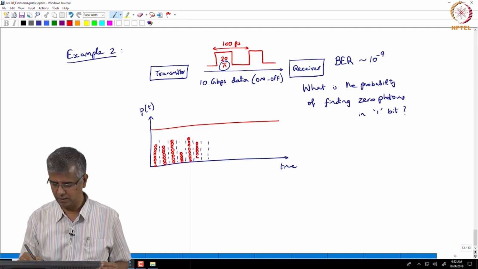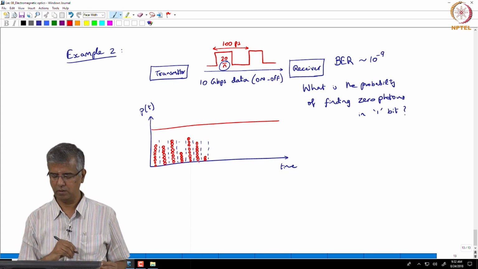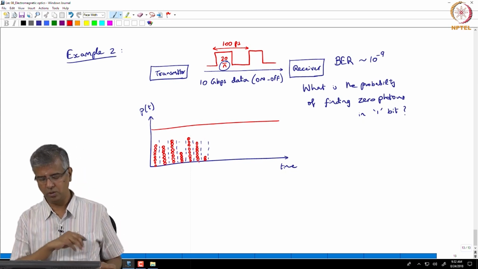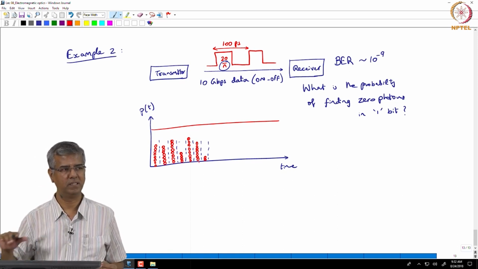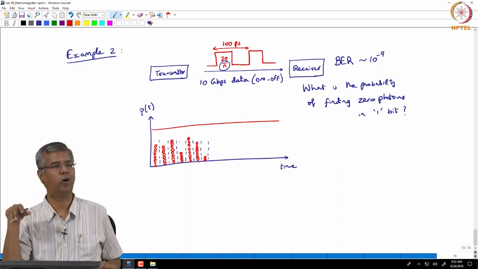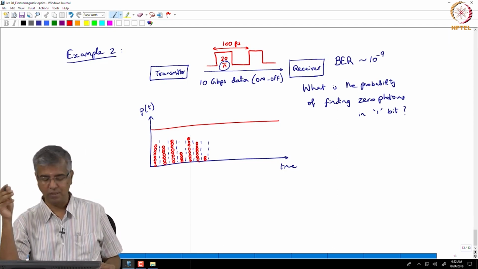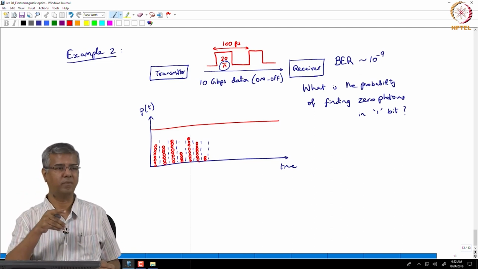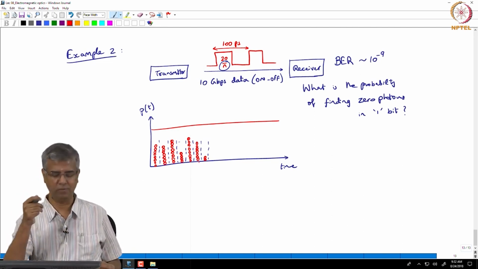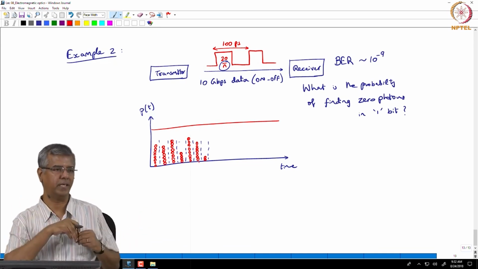You get the picture. What I am trying to illustrate here is that even though your power may show up as uniform in millisecond time scales, if you go down to nanosecond, picosecond time scales, what you may actually find is that it is not uniform really.